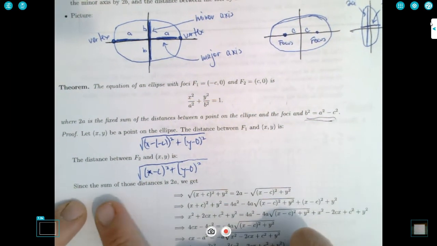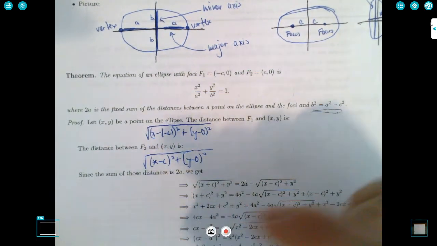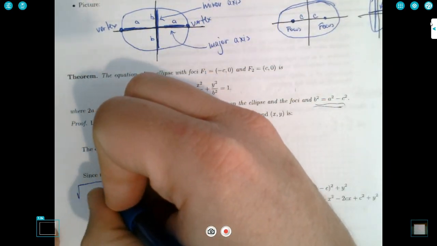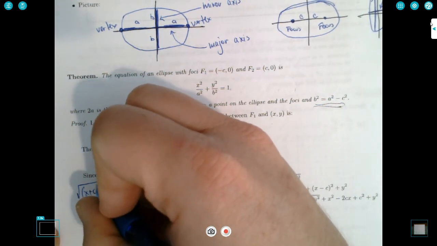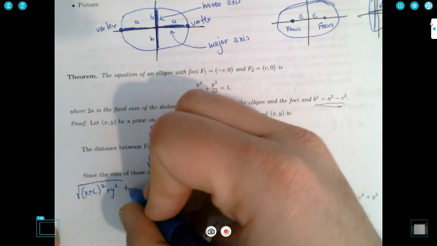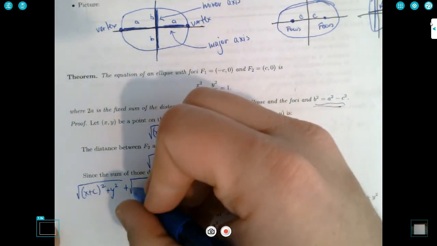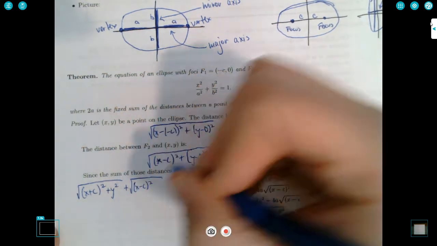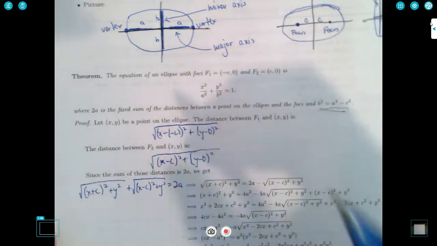And since the sum of those distances is 2a, it must be the case that the square root of (x plus c) squared plus y squared, plus the square root of (x minus c) squared plus y squared, equals 2a.